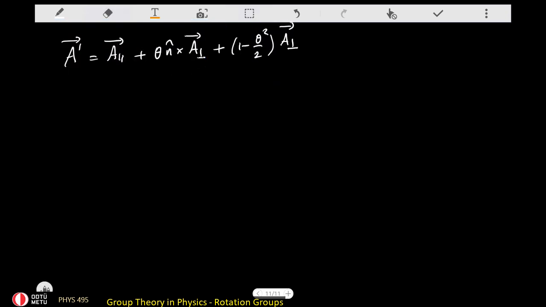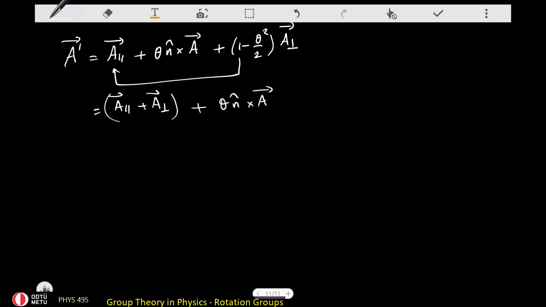So I'm going to erase this perp sign in here, so this n cross A. There's still an A perp in here. So let's see. I'm going to separate this thing and then connect it with this one. So as a result, the first term would be A parallel plus A perp. There's a term which is linear in theta, which is this. And then there's a term which is quadratic in theta, which is that.